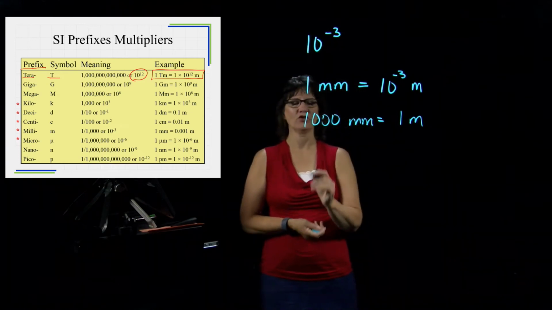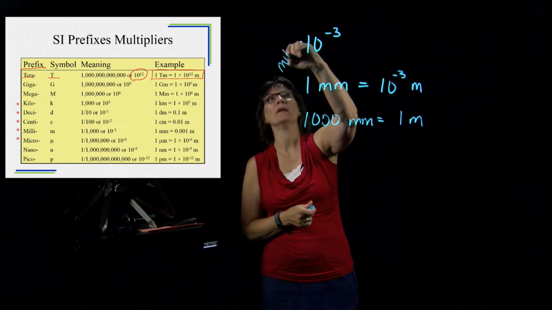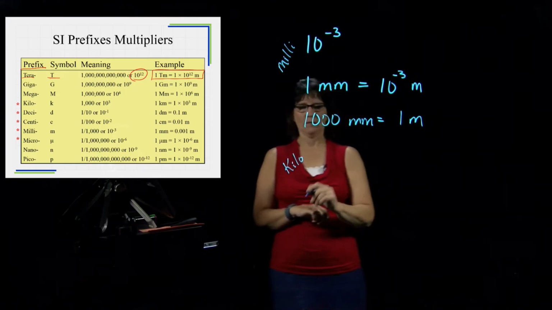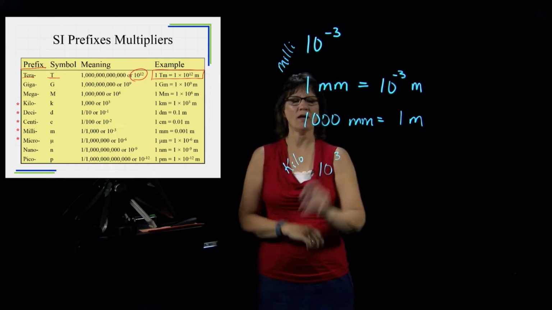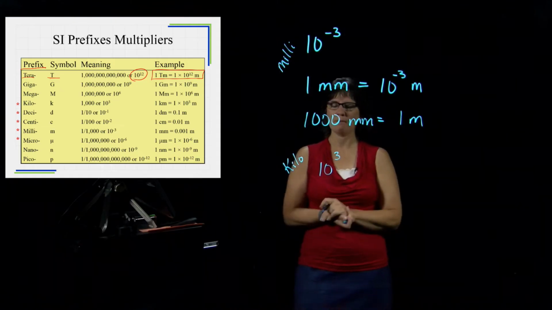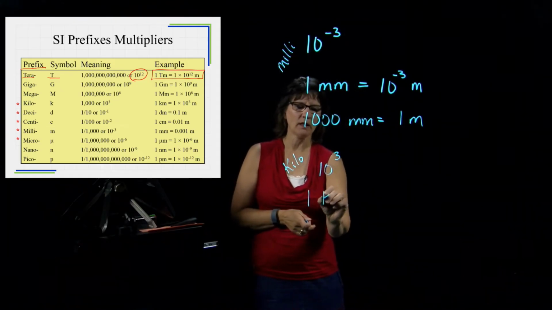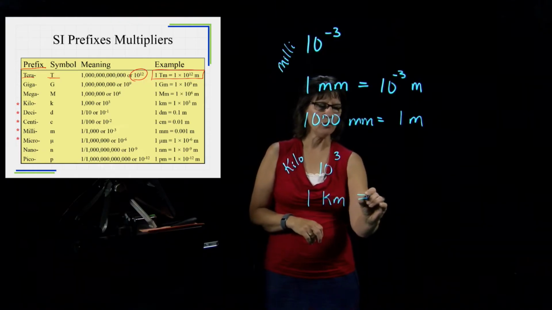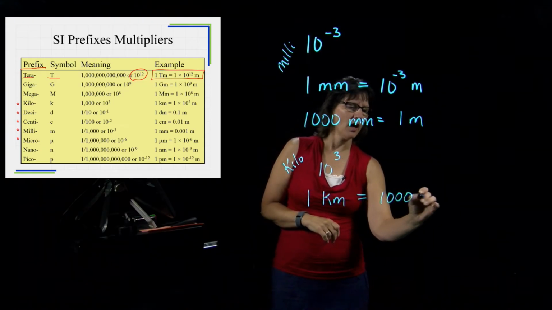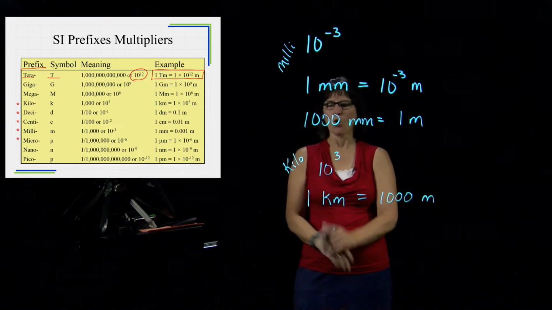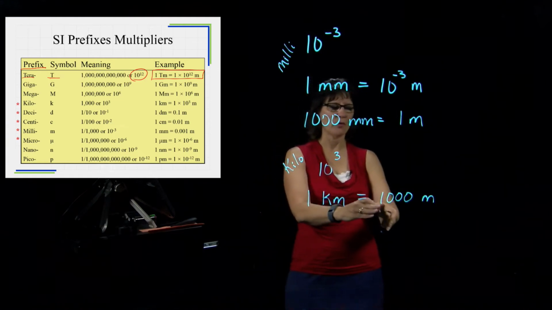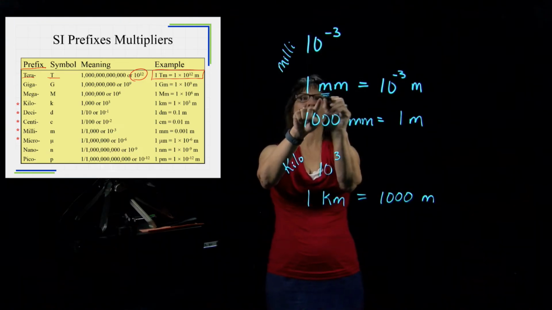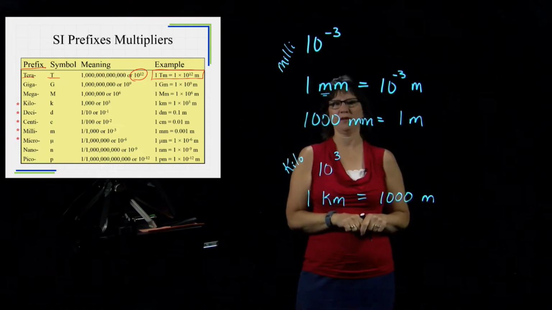Here's another example. Let's do kilo, okay? So all of this was about milli, okay? Kilo. Kilo has the meaning of 10 to the positive third. Okay, so what does that mean? If I had 1 kilometer, or 1 kilogram, it would equal 1,000 of that base unit meter. 1 with the prefix equals the meaning without the prefix.